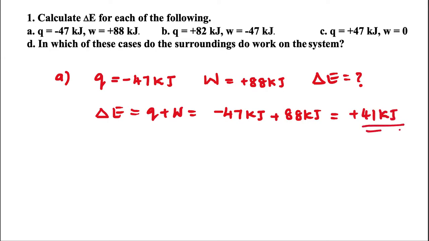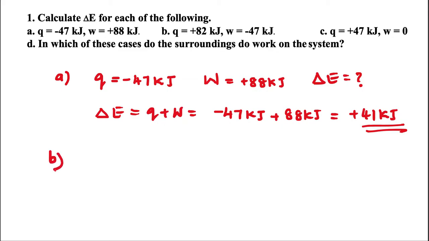So the change in internal energy is positive, meaning the system is gaining energy. Why? Here the system is losing the energy of 47 kilojoules, but it's gaining the energy of 88 kilojoules in the form of work. So overall there is a net 41 kilojoules of gain of energy for the system.